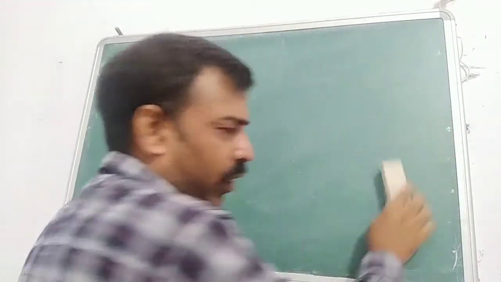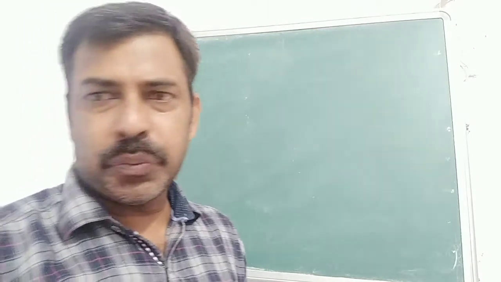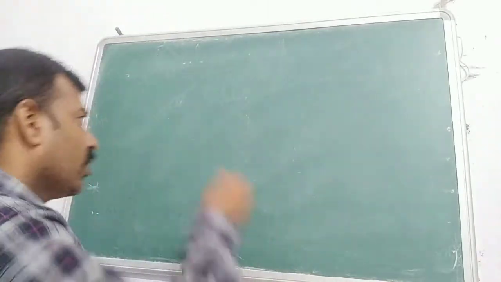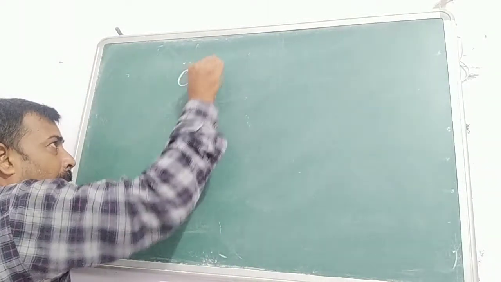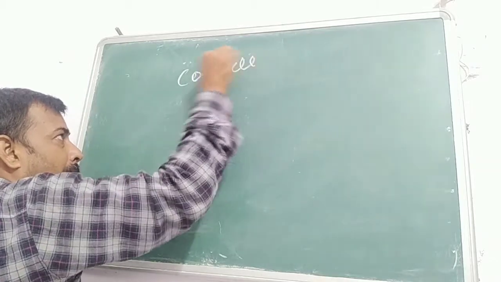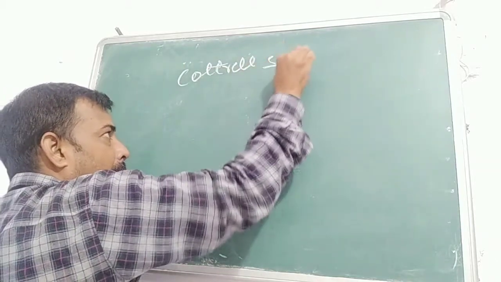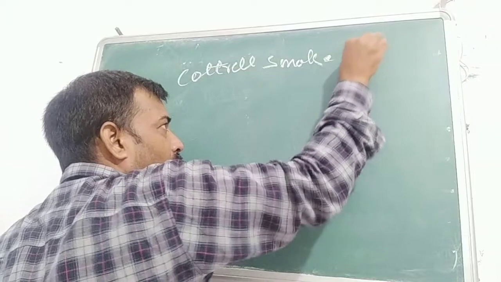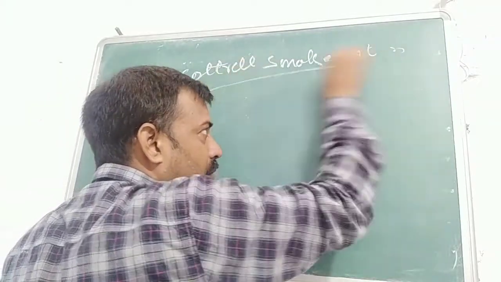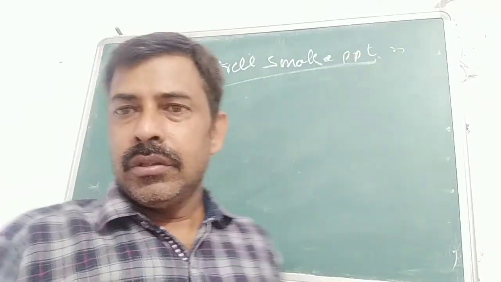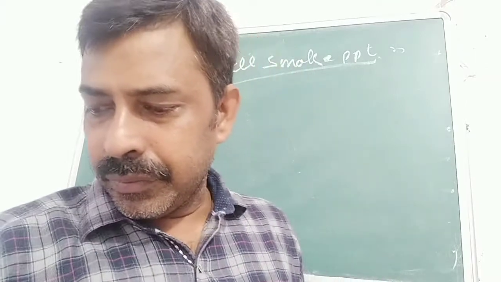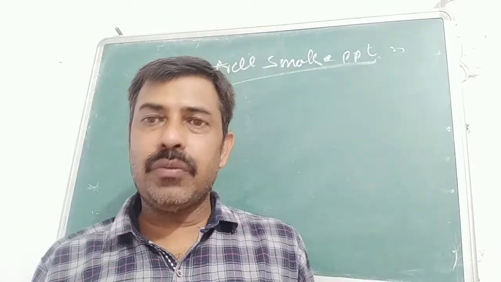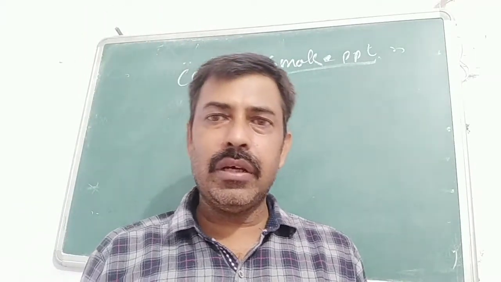a very important equipment, especially in the industries. Then this is the Cottrell smoke precipitator. In our zone, the number of chimneys is very heavy because we are living in an industrial area.